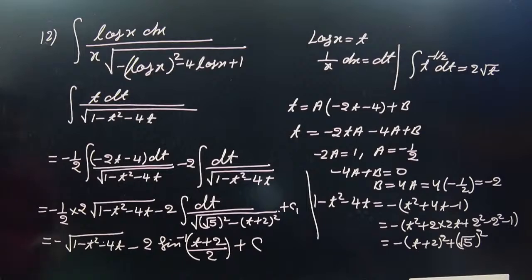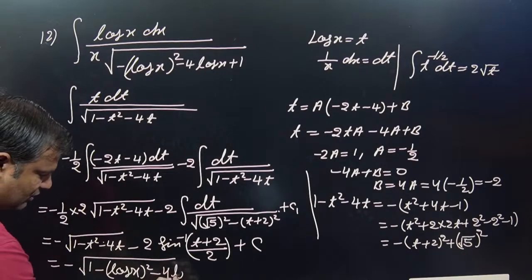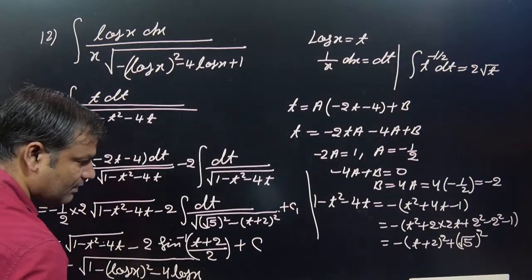I hope so clear. Now last one, t replaced to how much? 1 minus log x to the whole square minus 4 into log x. Okay.